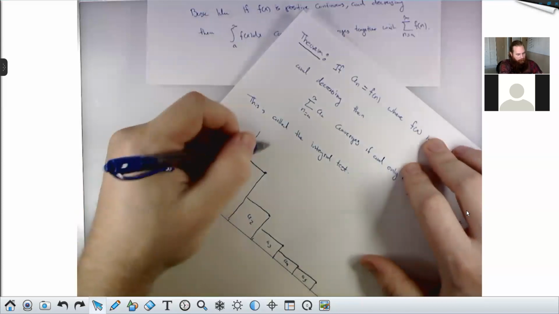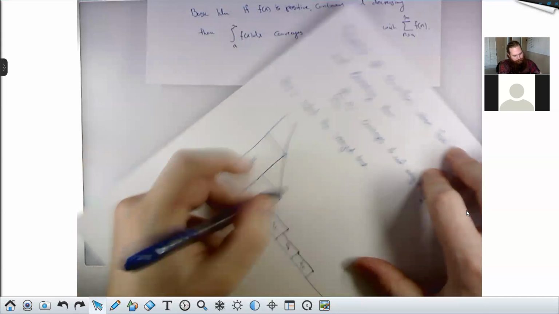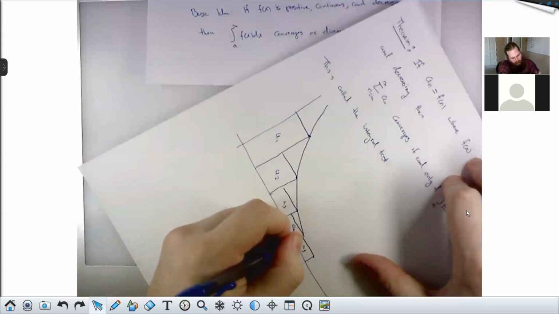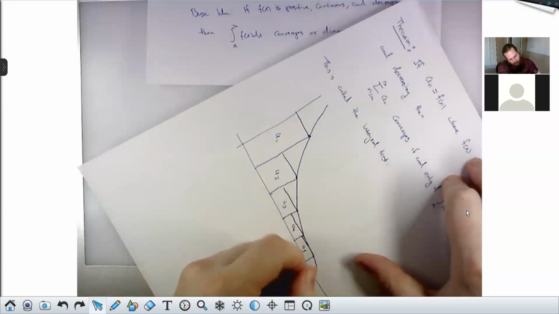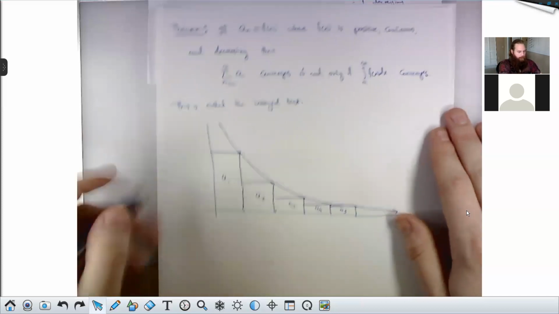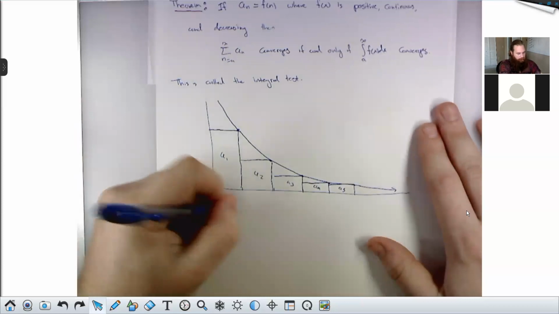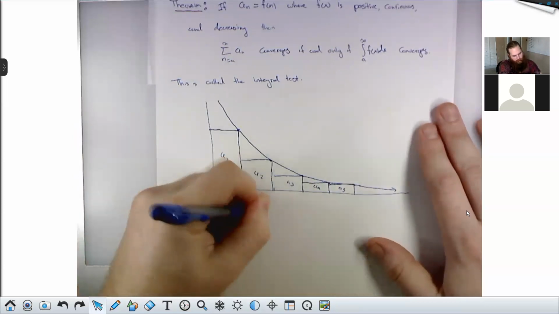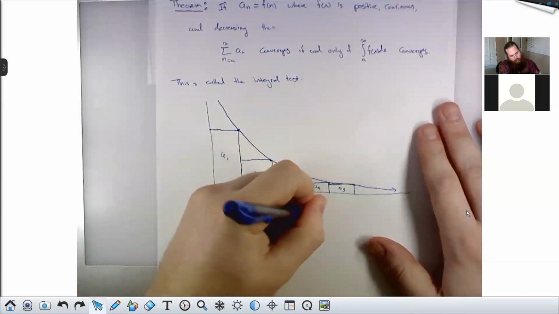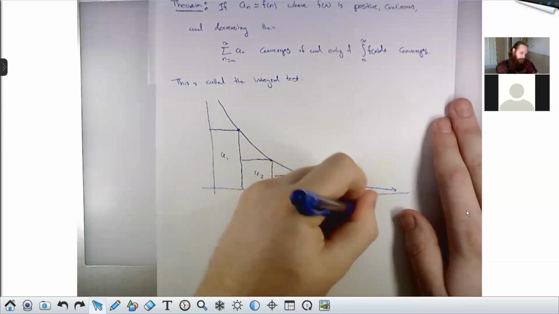Let's think about the graph of the continuous function that goes through those points. What do you notice about the integral? So the integral is the area under the curve. It's approximately the area in the rectangles.